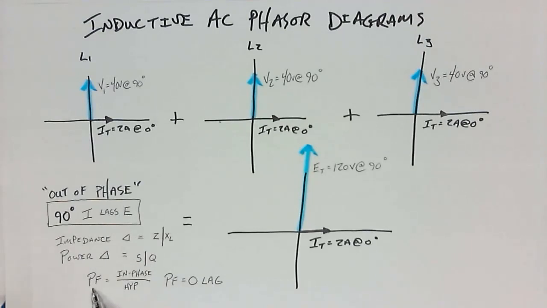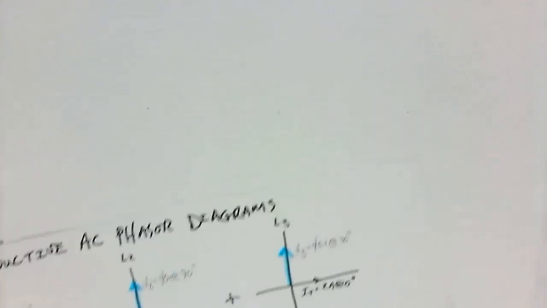And then finally, power factor is the in-phase component divided by the hypotenuse of either one of these triangles. It doesn't matter. The power factor would be 0 when we calculate it with our calculator. Put 0 and divide it by 240. You end up with 0. And we would identify that as a power factor of 0 lag. All right, so let's look at the last one.